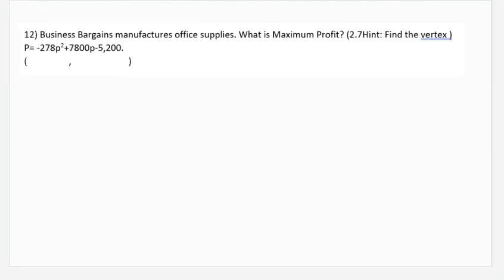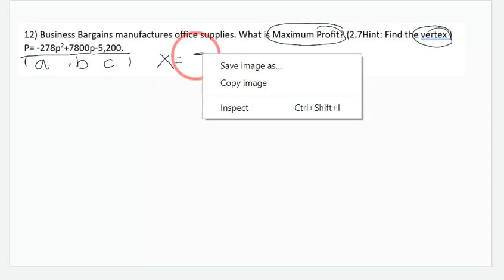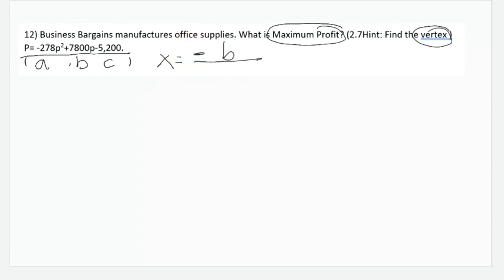Okay, number 12. Business Bargains, manufacturers of office supplies. What's the maximum profit? Find the vertex. So we're doing just like how we did before. This is our equation that we're going to use. This is a, b, and c. So x is equal to negative b over 2 times a.